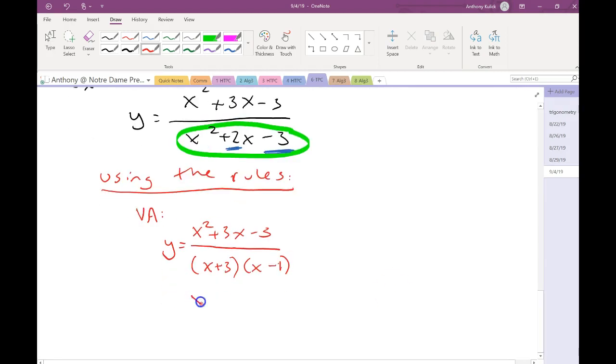So to solve this then, we can just set the denominator equal to 0. And how do I solve something like x plus 3 times x minus 1 equal to 0? Does anybody remember how we solve something like this?